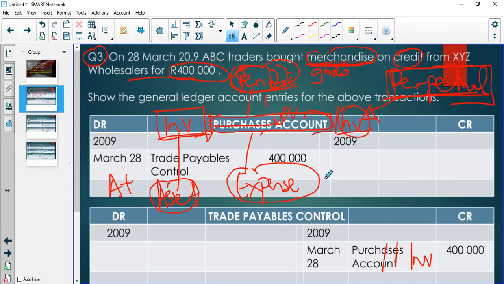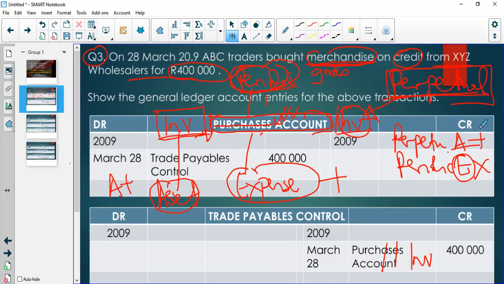So our expenses increase. So if you want to look at the effect of the double entry of buying inventory or goods for resale under the perpetual, our assets increase. But under the periodic, our expenses increase. So this affects equity. This affects assets.